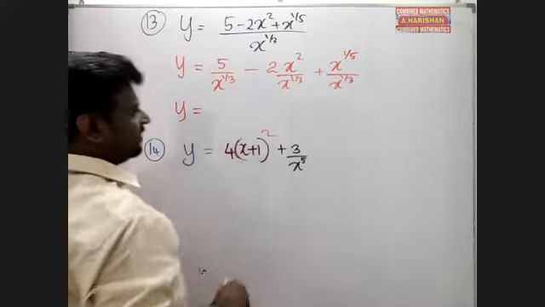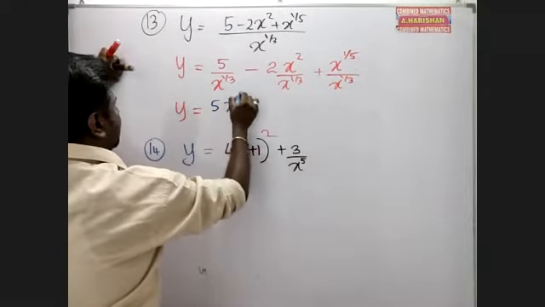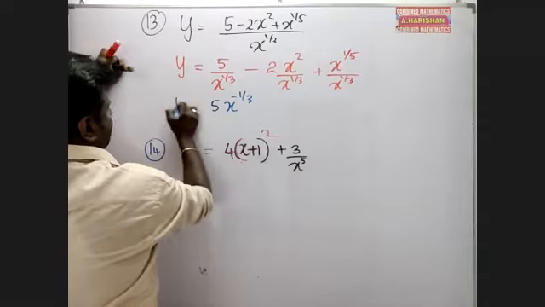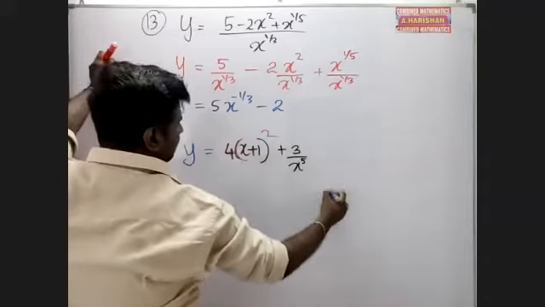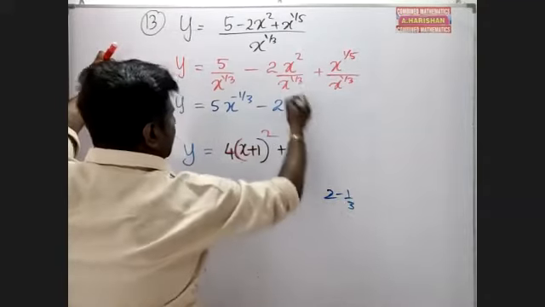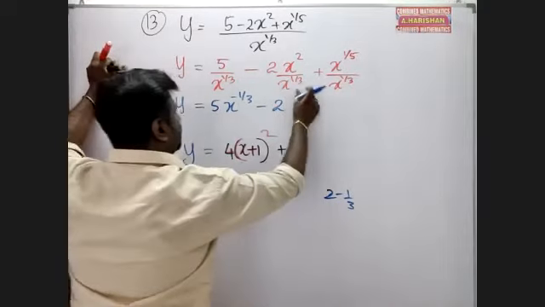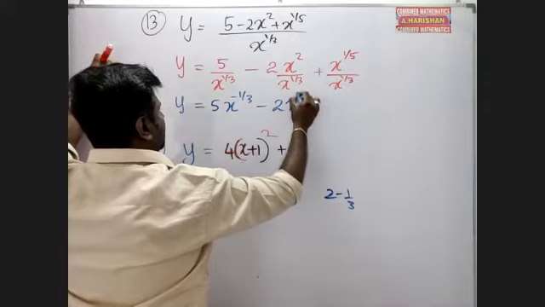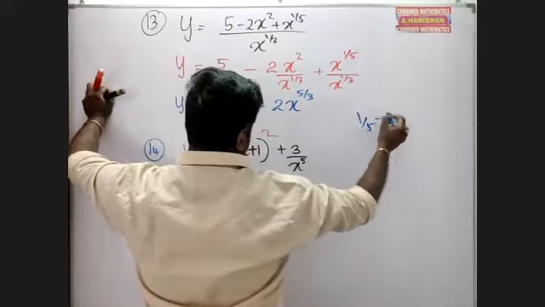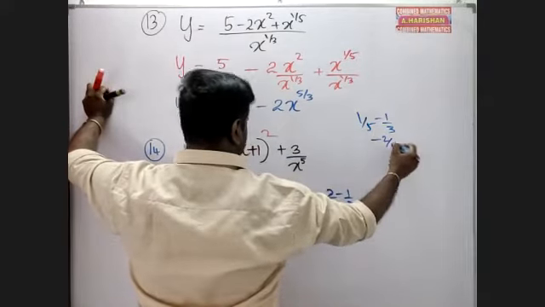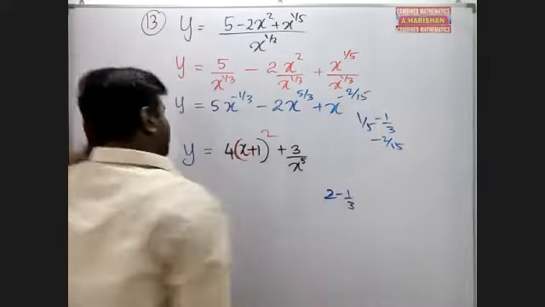Again, still we haven't simplified. So 5x to the power minus 1 third; 2 minus 1 third is 5 by 3, so x to the power 5 by 3; then 1/5 minus 1 third is minus 2 by 15, so x to the power minus 2 by 15.